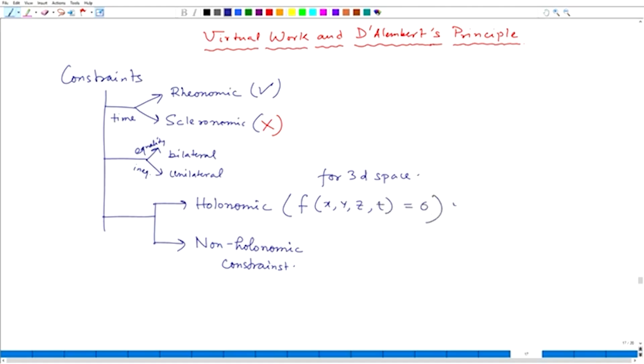That means it should be an algebraic or a trigonometric or exponential, but an integrable equation, involving the position coordinates and at most the time explicitly can also come into the expression of a holonomic constraint. So, for non-holonomic constraint you cannot put it in this form. So, I say this is not possible.